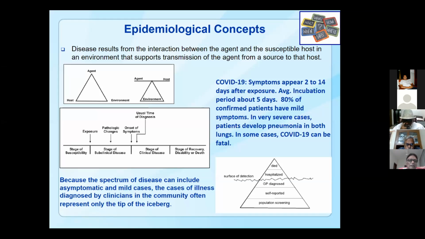And then there is this stage of exposure. We are exposed. Like today, we talk about exposure to the COVID organism. And then we have some pathological changes happening, but these are called subclinical because the symptoms and signs of that disease are not appearing. Then there is a stage where the symptoms start, what's called the onset of symptoms. That's when we go into what is called the stage of clinical disease.